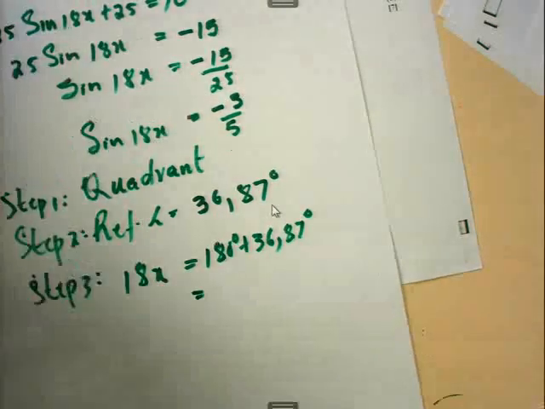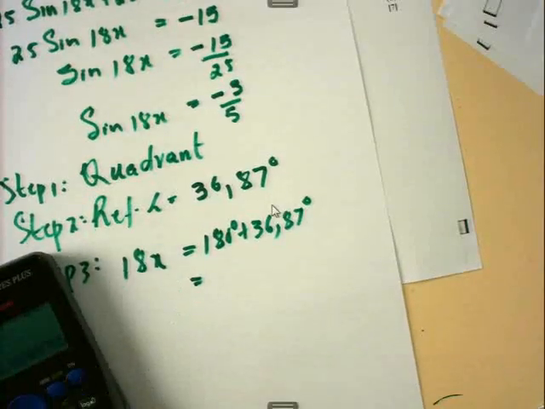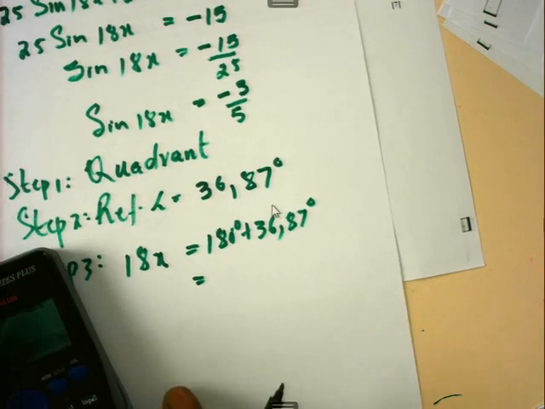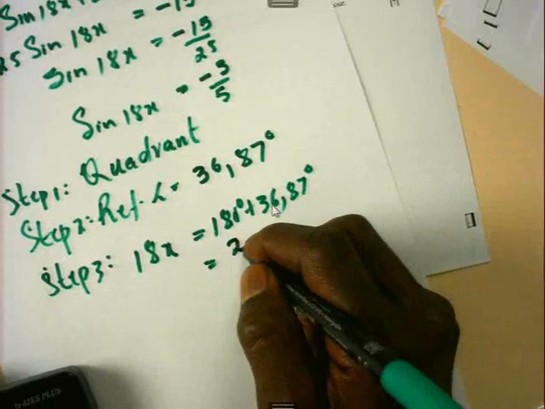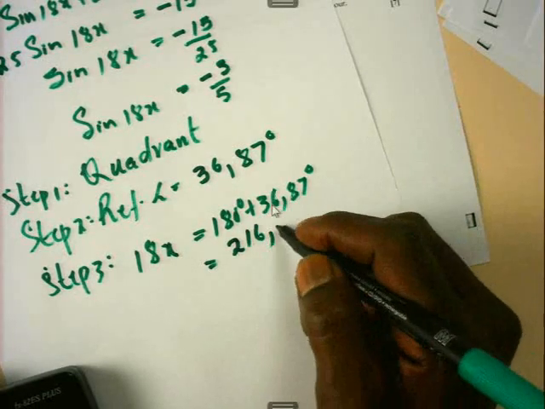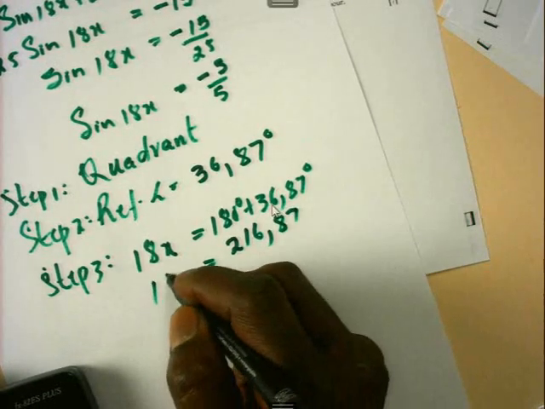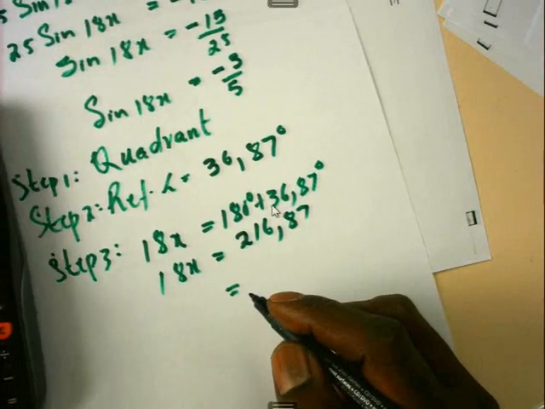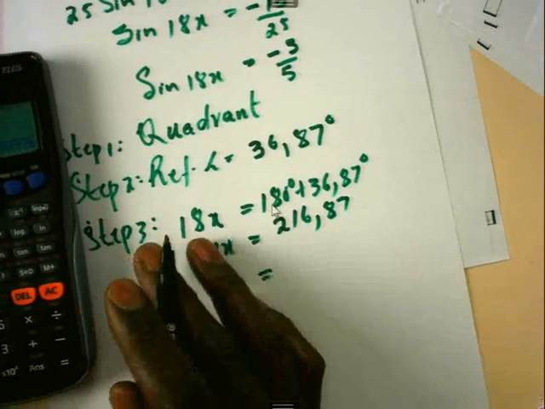Okay, let's simplify first. Let's add 180 to 36.87. I'm getting 216.87. That is 18x. And then we must divide both sides by 18.